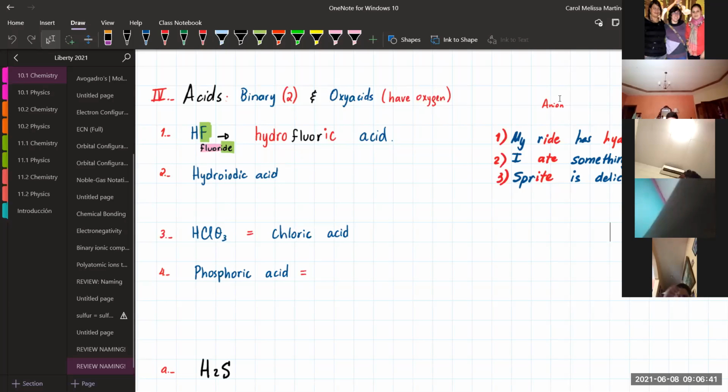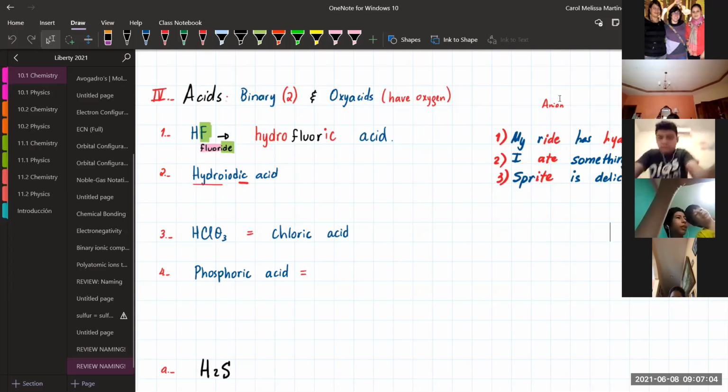Now, what if I give you the name? Take a look at the second example. It says hydroiodic acid. What element, what anion am I talking about? Remember, I have hydro and I have ic. So I'm going to get the root that is in between to find what is going to be the second element of my binary acid.